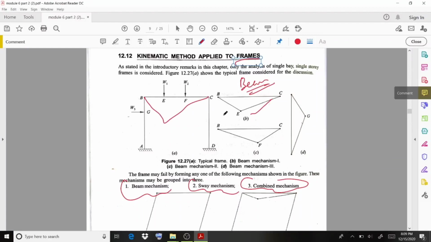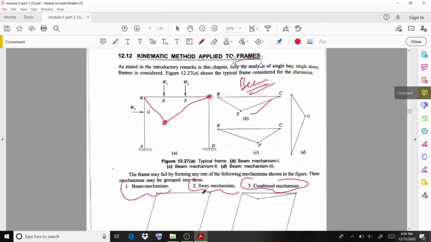The hinges will be formed at the ends, at both the supports, these points B and C, and the next hinge we consider under the load W1, first one, second one under the load W2, that is shown here. Then regarding W3 also, a beam mechanism will be formed.